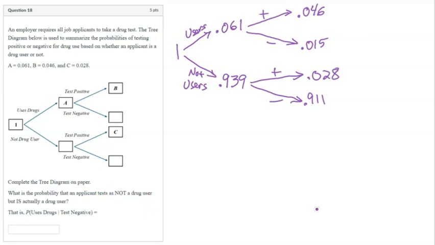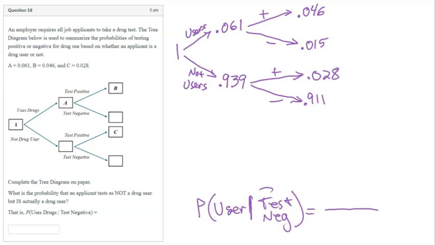Okay? And now it says we want to know the probability that an applicant tests as not a drug user, so they test negative, but is actually a drug user. So the probability that they are a drug user given that they test negative. In the denominator, we're going to put all the people that test negative.